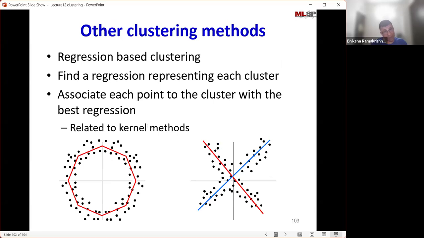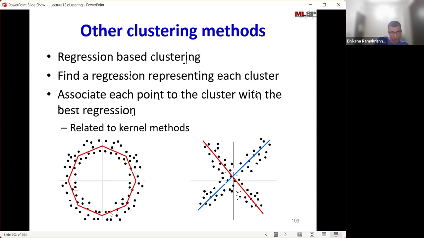There are also other kinds of clustering methods. The clustering that we just saw is entirely based on adjacency of data points to one another. But you can have trend-based clustering. So here, for example, look at the data over here. If I try to find clusters, I can't really guarantee what the clusters will be, right?